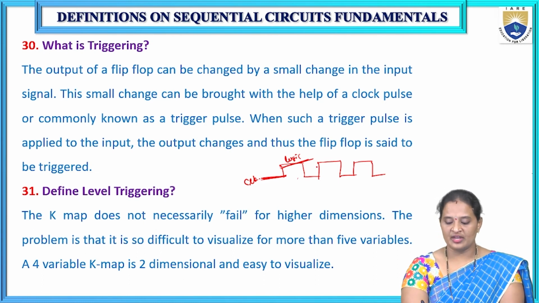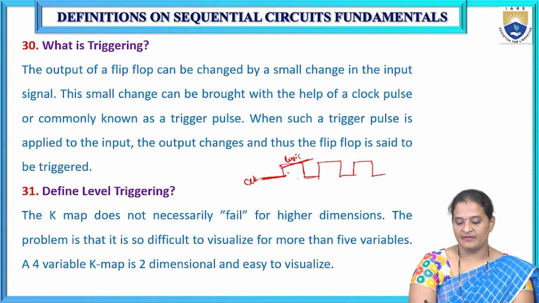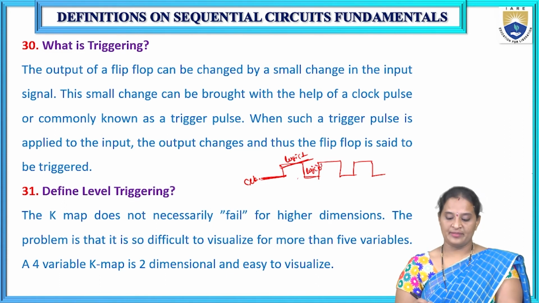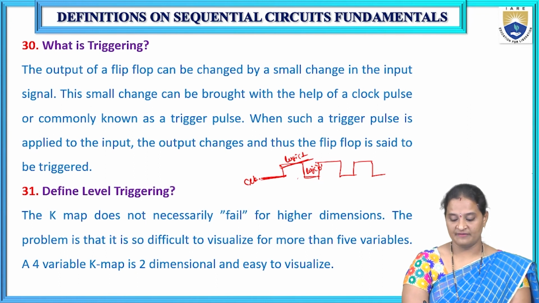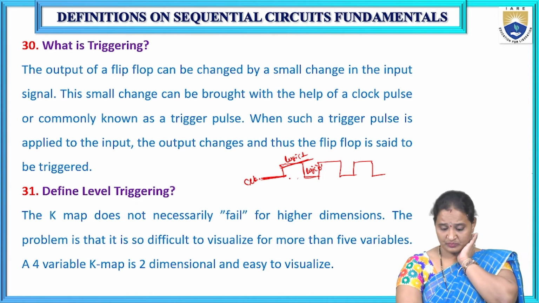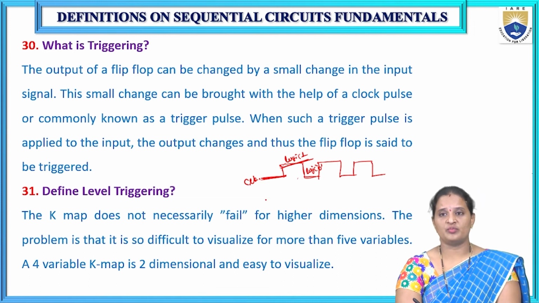Negative level triggering means, if the clock signal, this is logic 1 and this is logic 0. So in negative level triggering, if the input is applied, when the input is equal to logic 1 or when there is a change in the input, definitely the output will change.